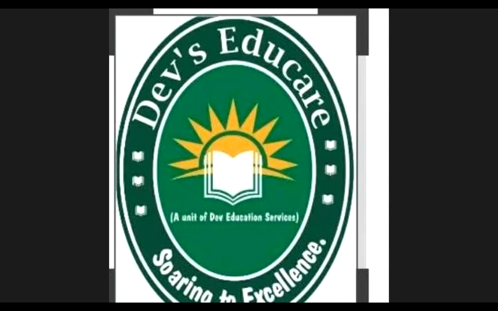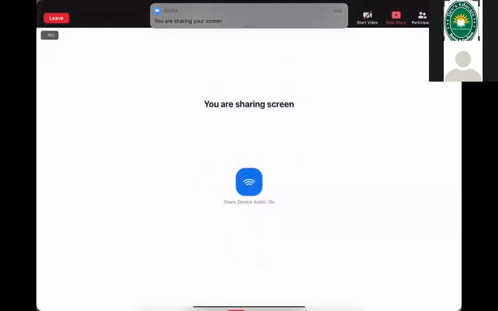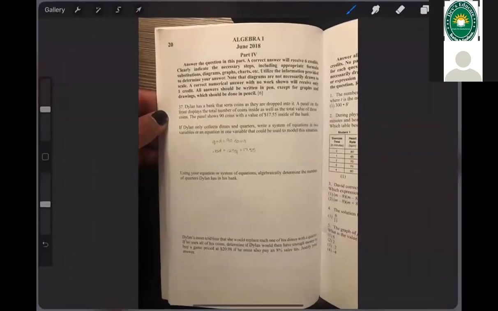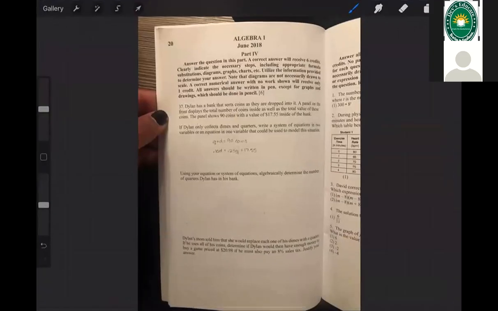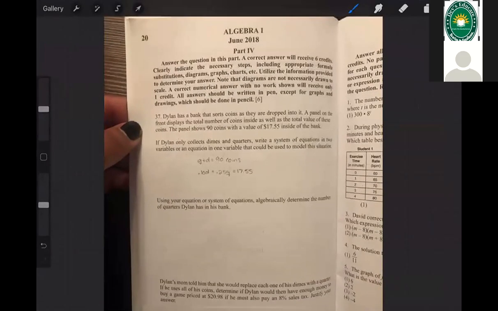Now you can share your screen. All right, screen, start broadcast. All right, here, this question. Can you see it properly? Yeah. Answer the question in this part. Okay, cancel.